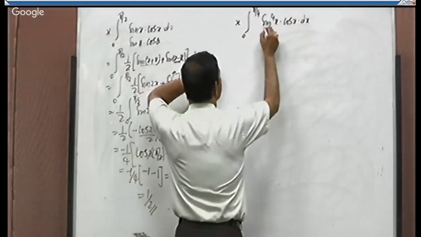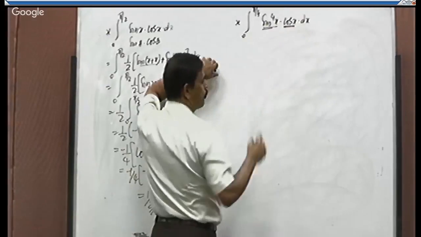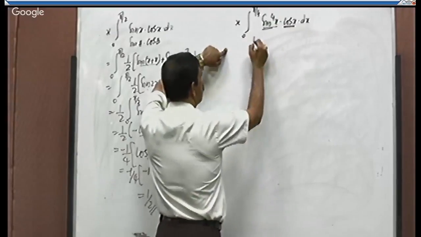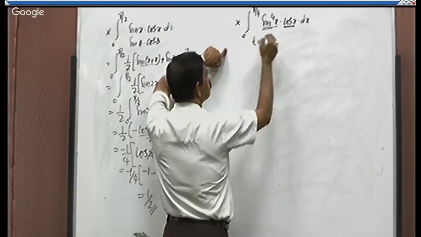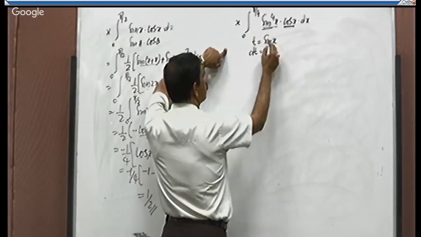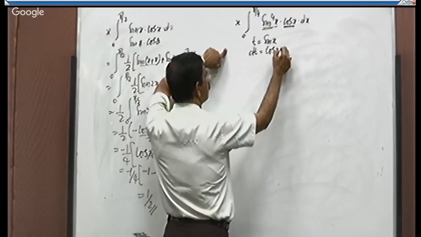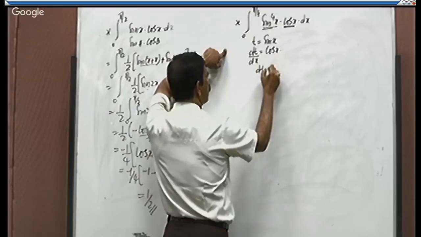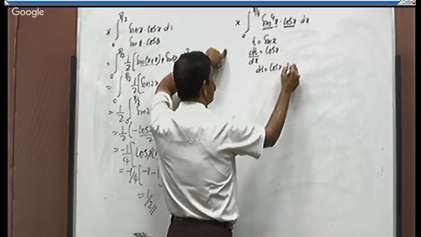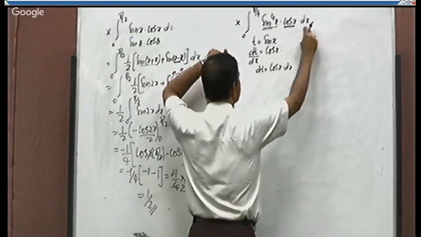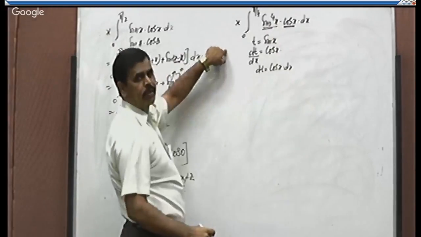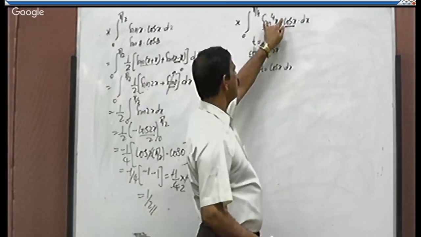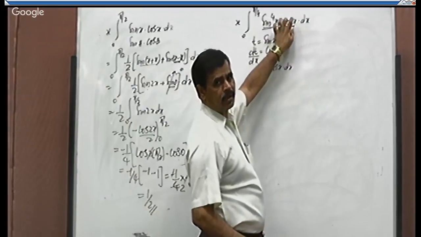So this is the function, and this will become the derivative. You have to go for the put t is equal to that method, right? T is equal to sin x, differentiate this, dt is equal to the differentiation of sin x, which is cos x into dx. Finally it becomes cos x into dx. If I change this into t, I should also change this into dt. Therefore, I am going to differentiate it. This is called substitution method when the function and its derivatives are given, right?